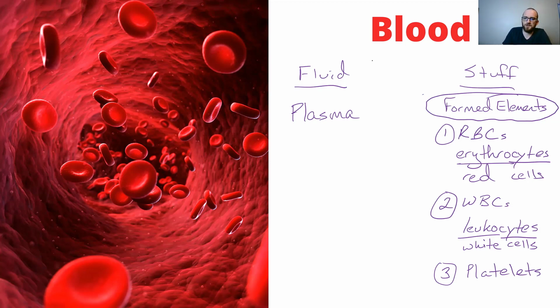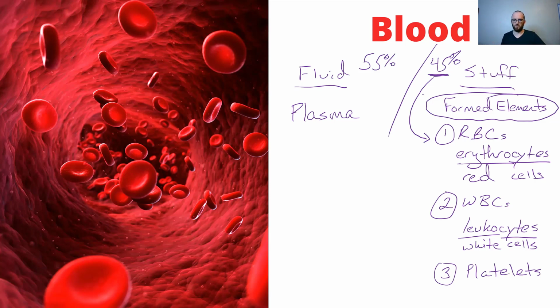There are always slight ranges, right? It's about 55% of total blood volume that is the plasma, and 45% of the blood volume is the red blood cells, white blood cells, and platelets. In terms of size and quantity, the bulk majority of that is our red blood cells.